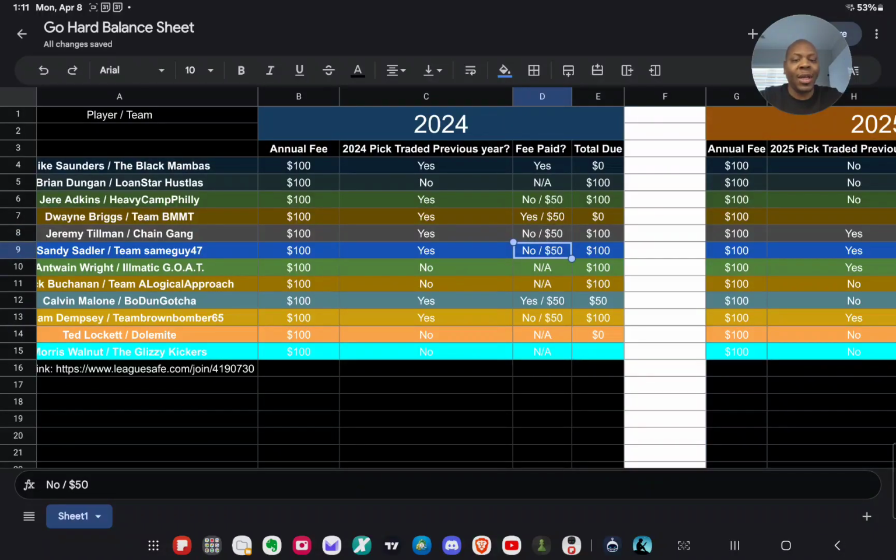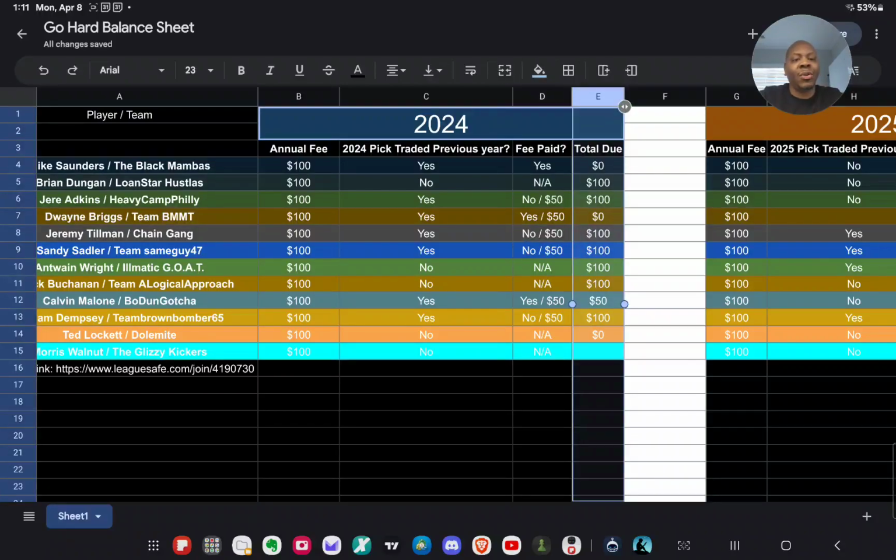If it says no, then they owe $50 for trading that pick away, plus another $50 for the league fee, for a total of $100. So your total, how much you're going to have due for a year, is not going to be more than $100. The league fee is $100 each year. So this just says that in this year, you didn't pay half up front when you traded that pick away. And this column is just the total due for the year.